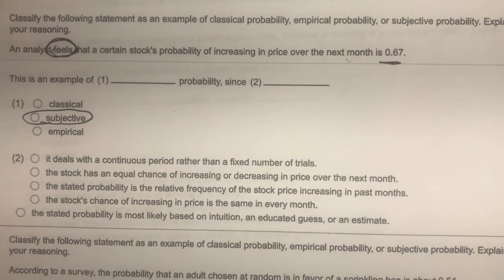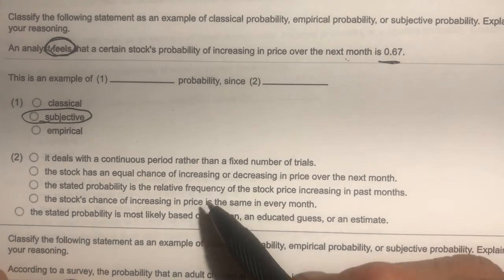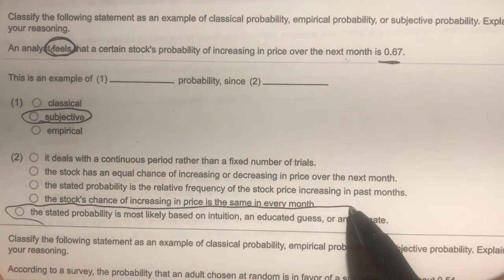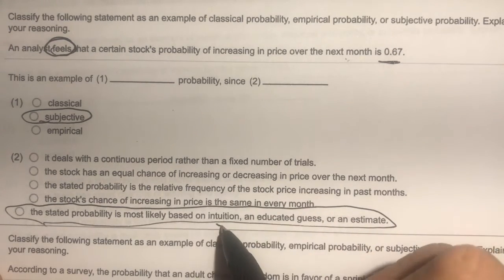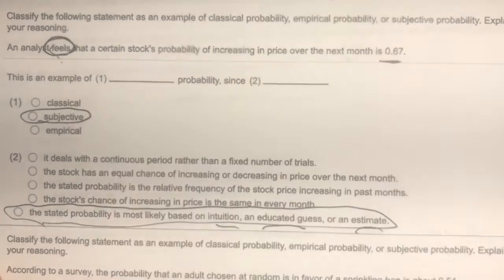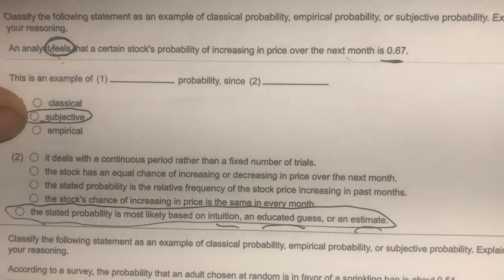It's based on his feelings. The stated probability is most likely based on his intuition, his educated guess, and estimate. That's what he feels.